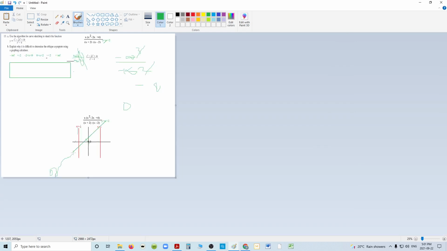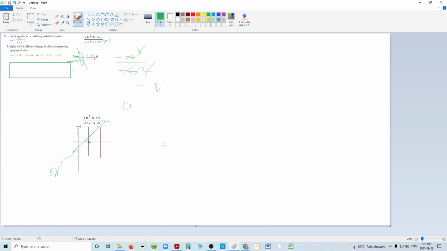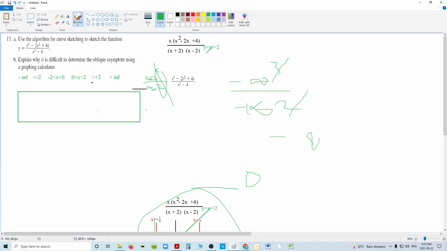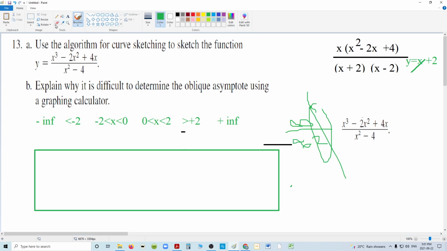So we're dealing with something that comes down and then hugs, and it might even come down on the right side and then cross and hug. Or it might hug and then cross, and hug and then cross. Really it just depends where it crosses, and I could just use a calculator and test to see if it crosses the x-intercepts or not.